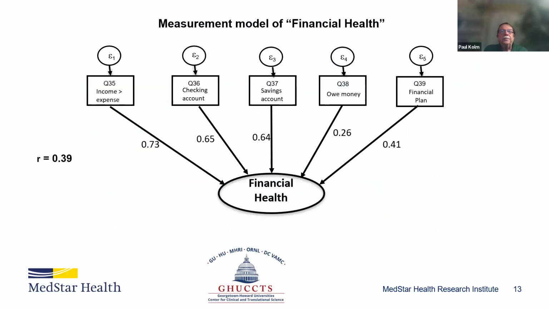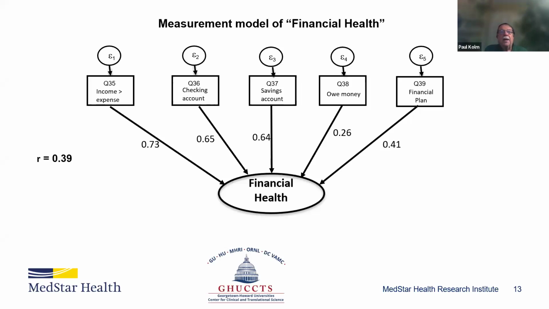So here's a measurement model for financial health. And so we have 5 different variables that we've measured. That is whether our income is greater than our expenses, if we have a checking account, a savings account, if we're in debt, and then if we have a financial plan. And so the numbers there that are indicated, the 0.73, 0.65, these are the factor loadings.